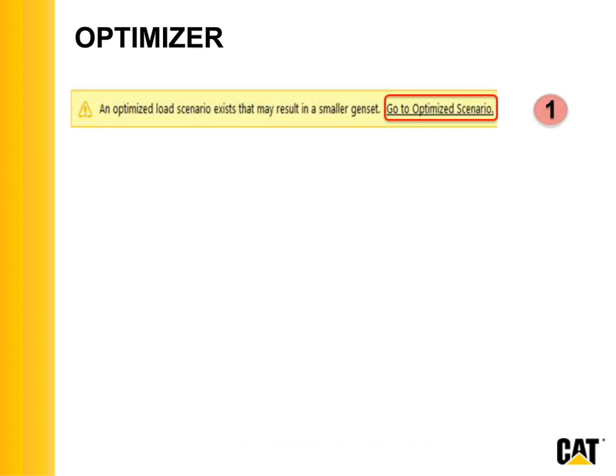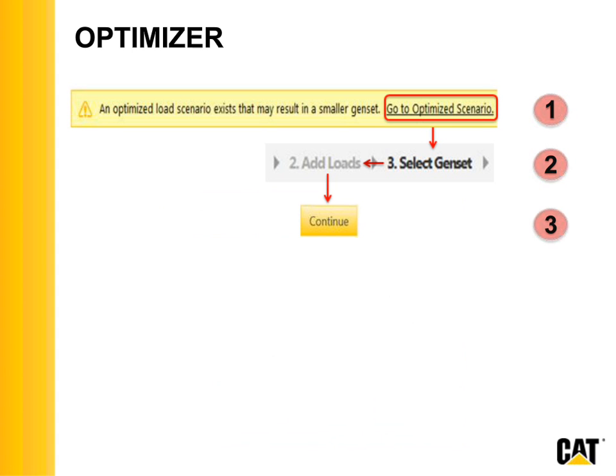But you can always click the Go to Optimize Scenario link, and you can run the Wizard, you can run the optimizer, and you'll see what the program can do for you as far as sizing a smaller genset. So what it does when you click that link is take you back to the Add Loads page, okay?